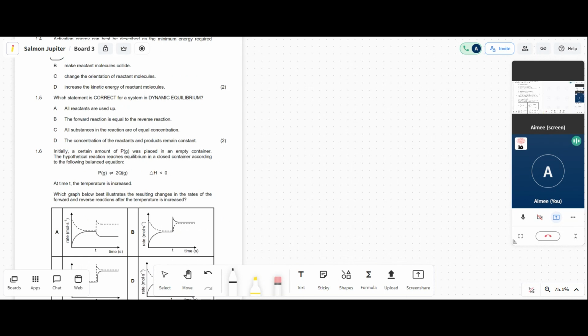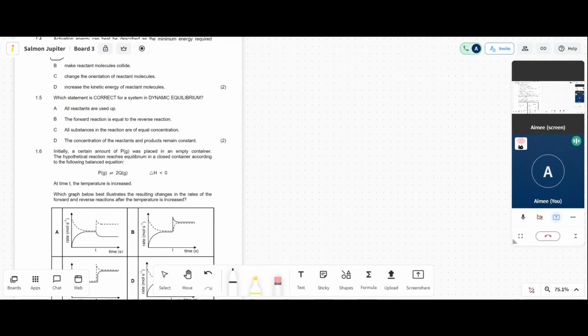It's not completely true. Okay, C, all substances in the reaction are of equal concentration. Also not true. You don't necessarily start a reaction with the same amount of reactants and products. And when your system reaches equilibrium, it doesn't necessarily mean that everything is in an equal concentration.